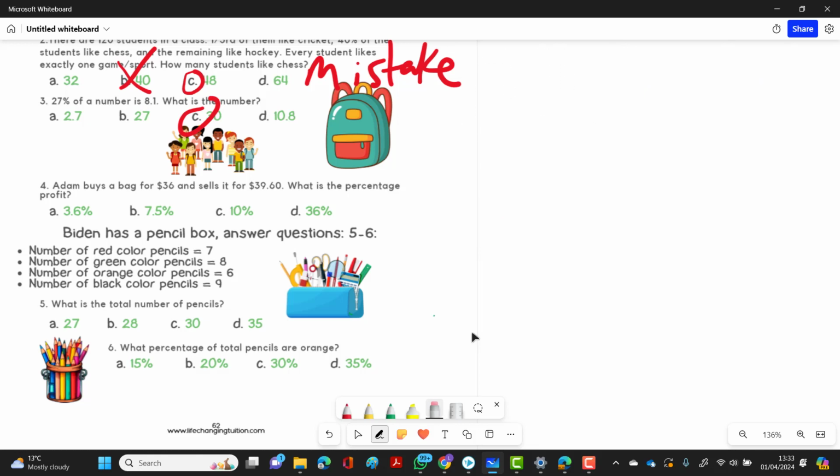Number 4. Adam buys a bag for $36 and sells it for 39.60. What is the percentage profit?